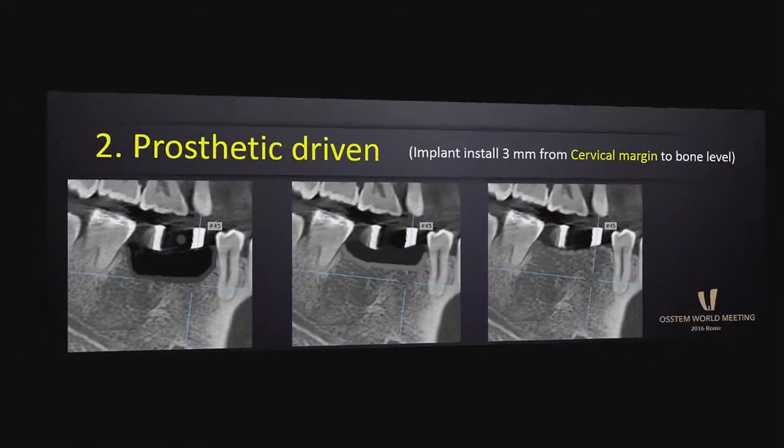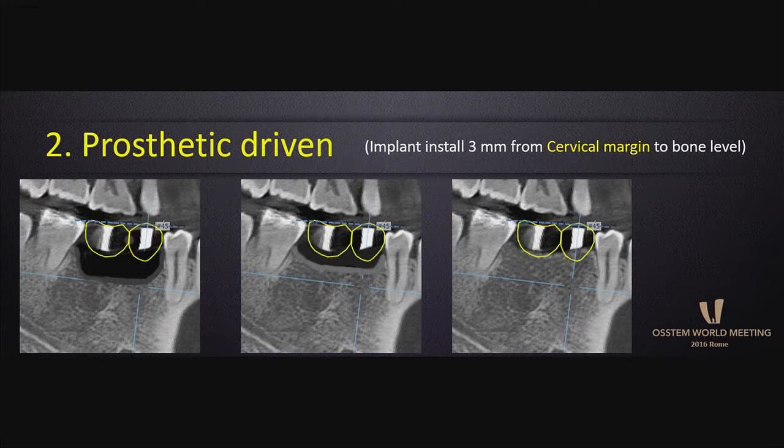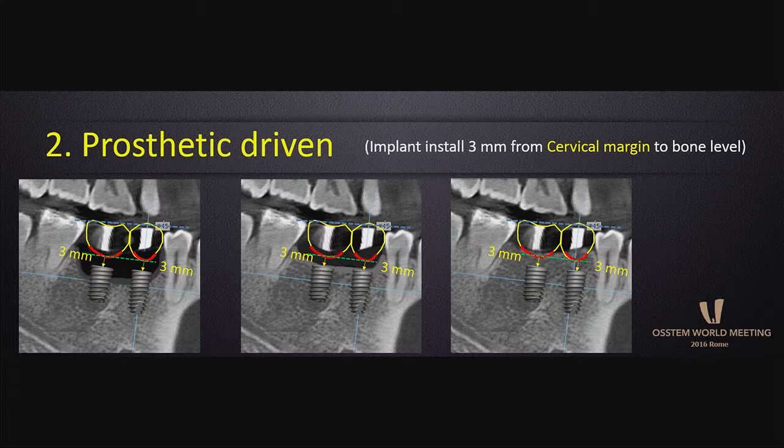So, coming with the prosthetic driven method, the shape of the final restoration will be considered as a priority. And we do not measure the implant position from the bone level, whether the bone is too far from the cervical margin or too close to it. We are only concerned that we place the implant exactly 3 millimeter from the cervical margin of the restoration.